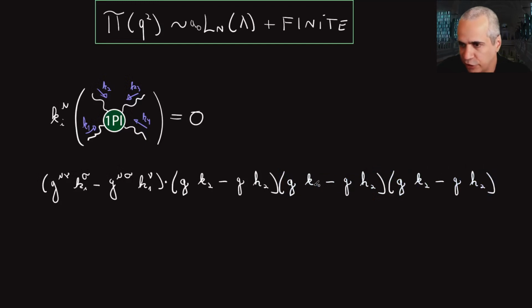Let me change the... And this is the most general form that this guy can take, right? Again, it's very similar to what we did for the 2-point function right here. Even the form is somewhat similar.